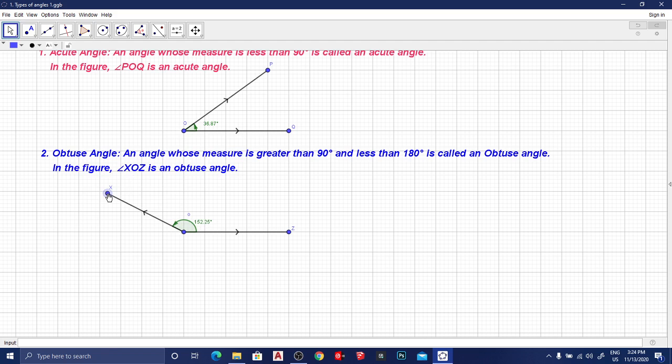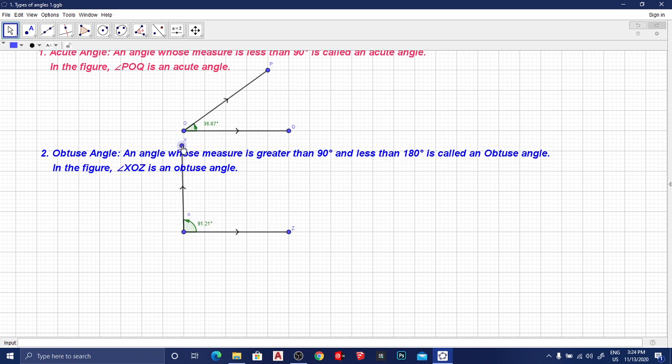Okay, so what's the definition here? Read here. An angle whose measure is greater than 90 degrees and less than 180 is called an obtuse angle. If it reaches 180 degrees, that angle is called another one. Okay, if it is at zero angle, if it coincides with the initial point, that is called a zero angle.